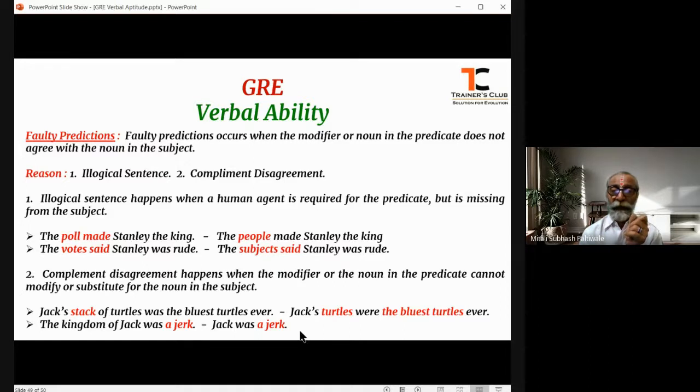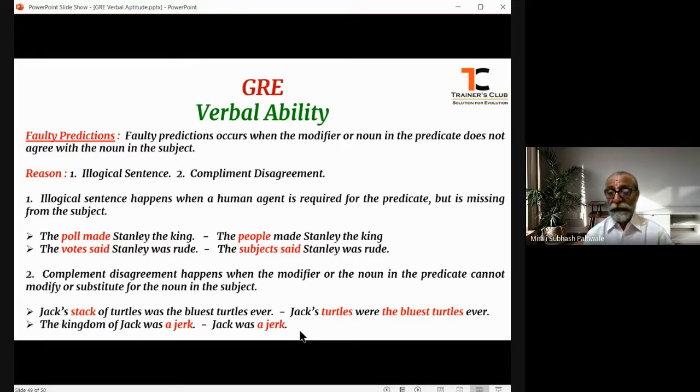The poll made Stanley the king. Here, in the subject, there is no mankind at all, but in the object you can see the mankind, that is Mr. Stanley. So it is not the poll.